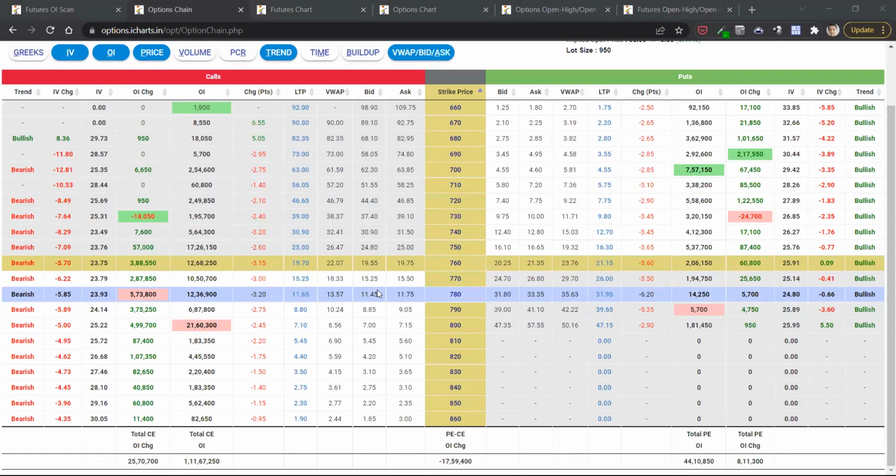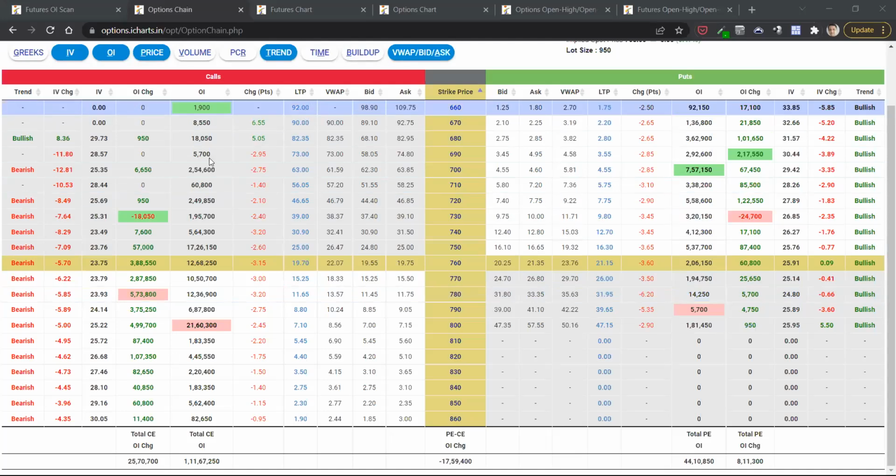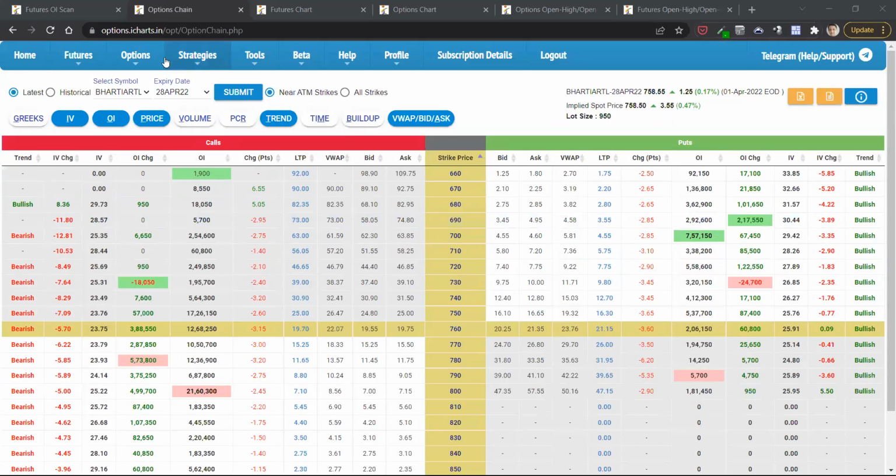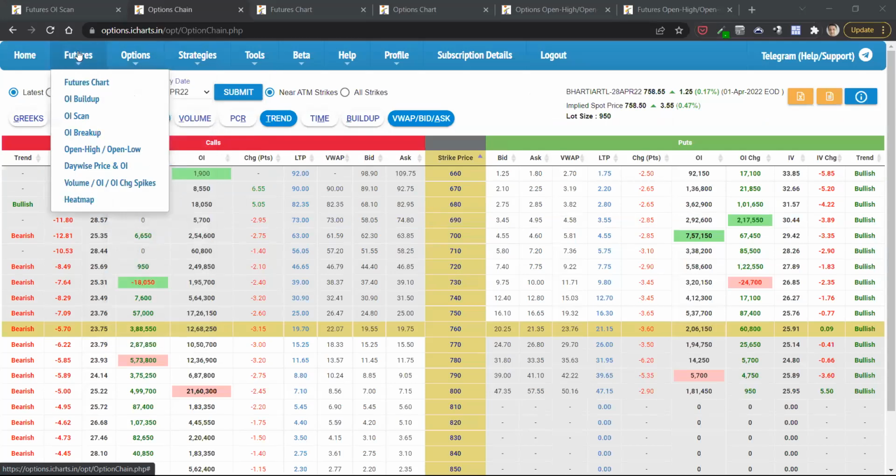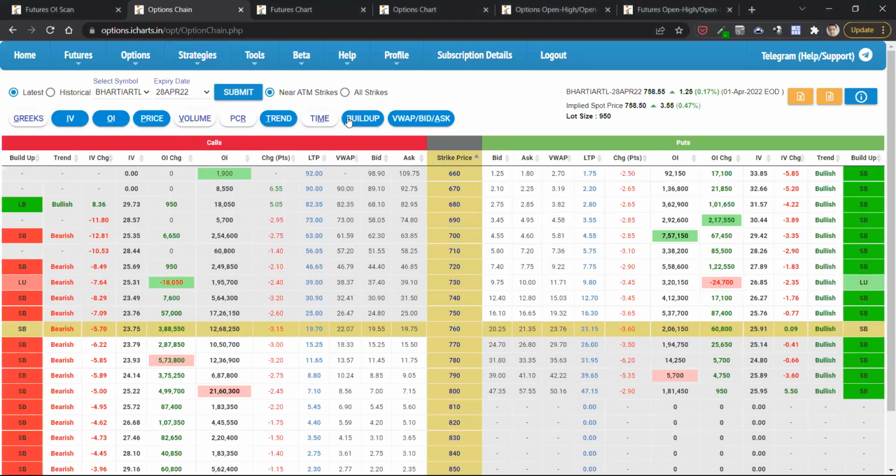Srikanth, can you open up the Greeks, whatever is in blue, along with this trend build up, in this same chart?